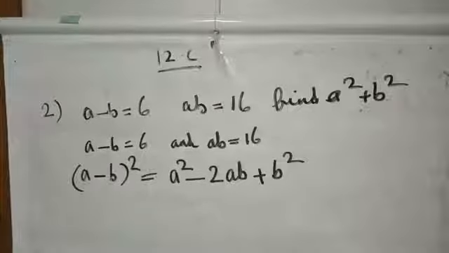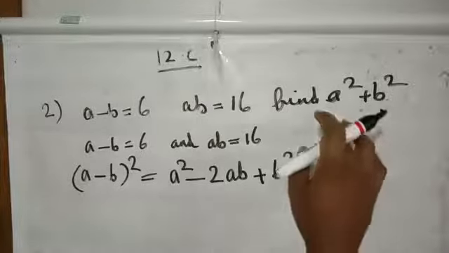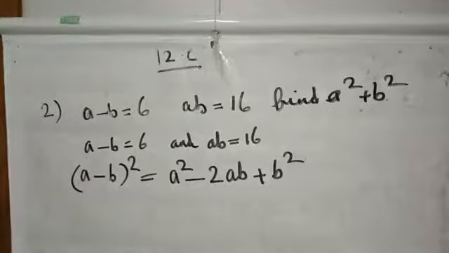A minus b the whole square is equal to a square, that is first term square, minus 2 into first term into second term plus second term square. Now here a square plus b square we want to find.